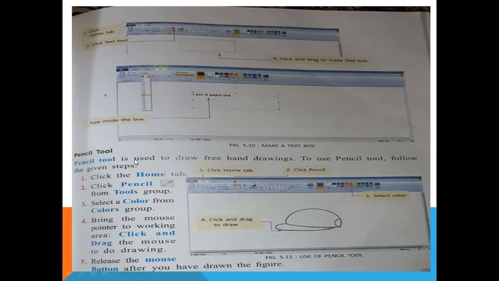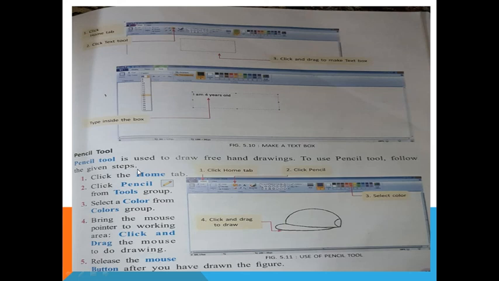The pencil tool is used to draw freehand drawings. To use the pencil tool, follow the given steps. Every time we go to the Home tab. Click the Home tab, click the pencil tool from the tool groups, select a color from the color groups, bring the mouse pointer to the working area, click and drag the mouse to do the drawing.